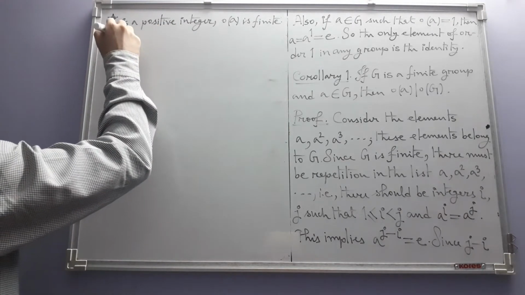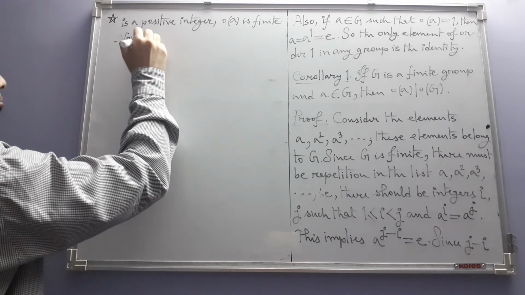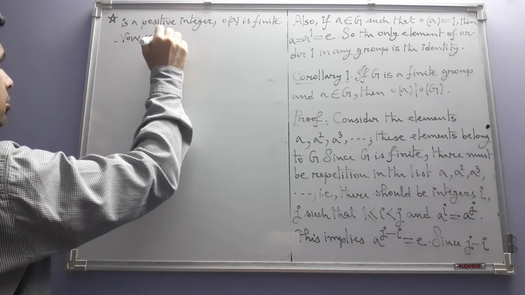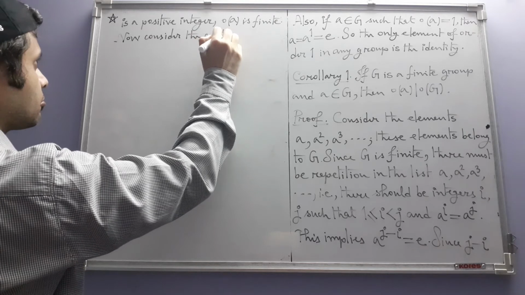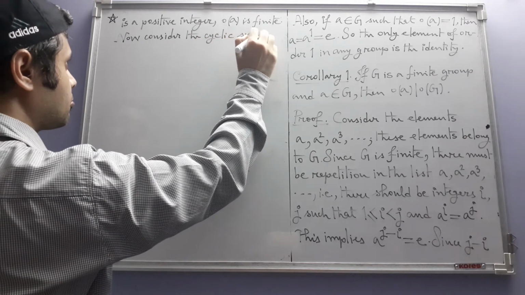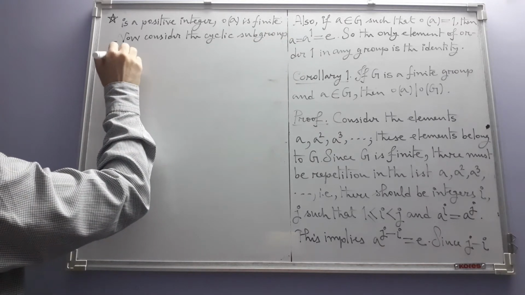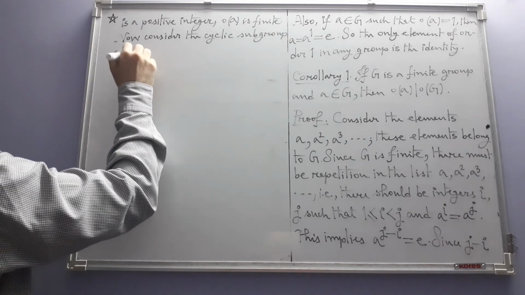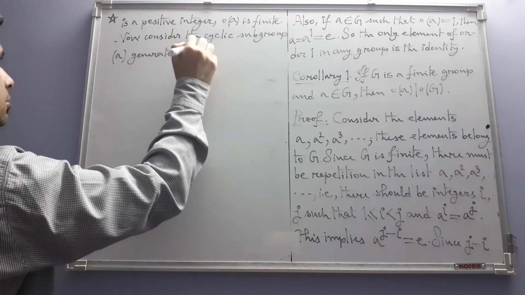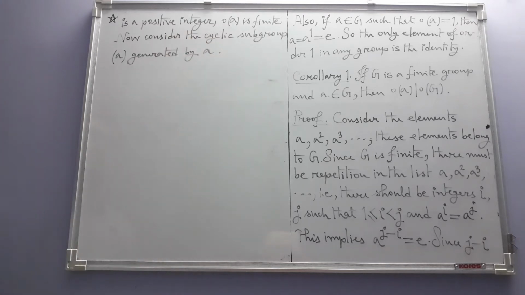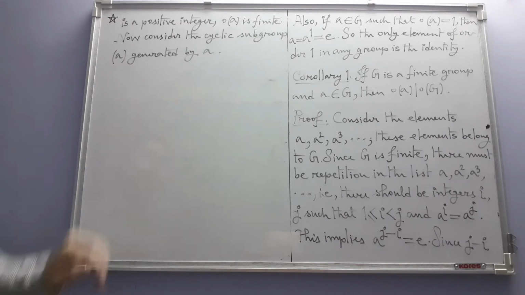Okay, now consider the cyclic subgroup generated by A. We have already got this in one of the examples.